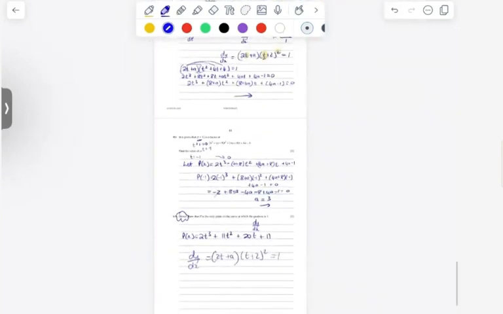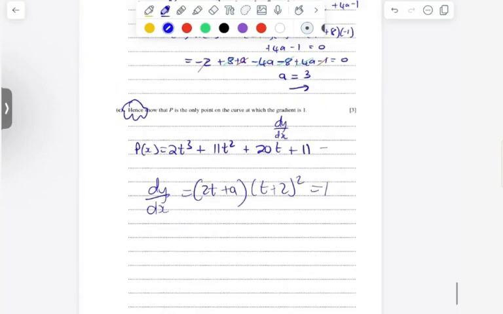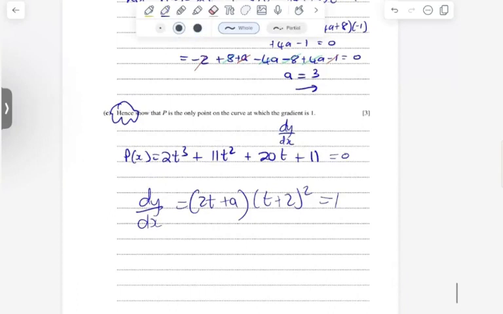Alright, and then when that whole thing is multiplied out, okay, so we already know basically when I multiply this whole thing out, it gives me my polynomial.